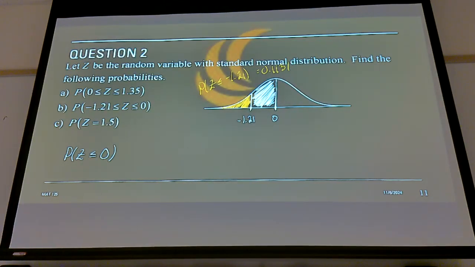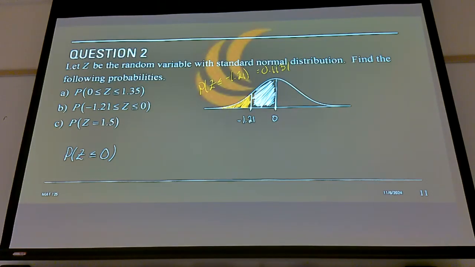Isn't the shaded white everything to the left of 0 minus everything to the left of negative 1.21? I think so. Is it 0.5 minus 0.1131?